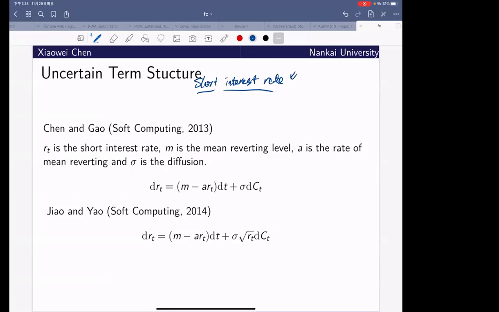This is a changeable value, and if you read the news in the newspaper, the interest rate changes with time. Nowadays I think all over the world the interest rate is very low, near zero, because the global economy is not very good, so they lower the interest rate to put more money in the market to make the economy better.